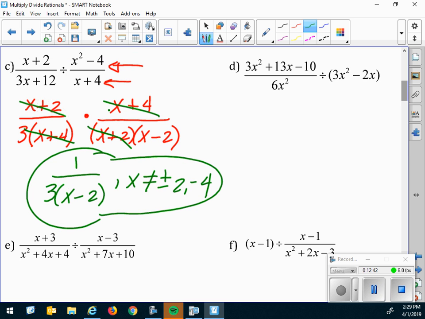What about D? Yeah, this is this, isn't it? Will that first numerator factor? Yes. We hope so. It can't be 3x minus 3 because that would have a GCF of 3. We're trying to factor this.